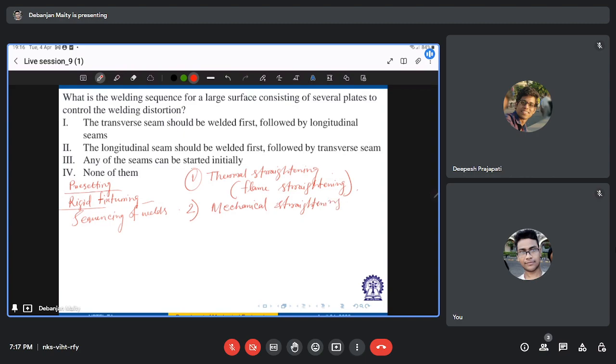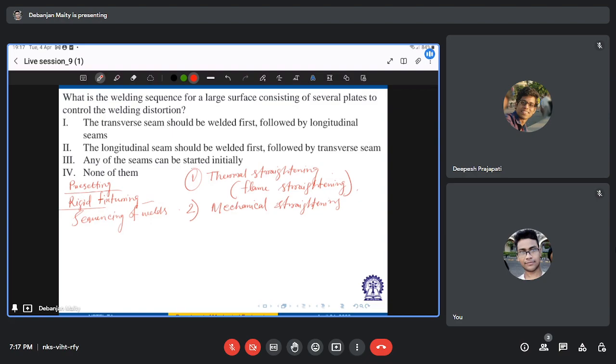In mechanical straightening, what can we do? We can use some presses or some kind of jacks. Mechanical straightening is always easier to understand. That is why it is very common unless structures are very large. Flame straightening is understandable in principle, but in practice it is more artistic.